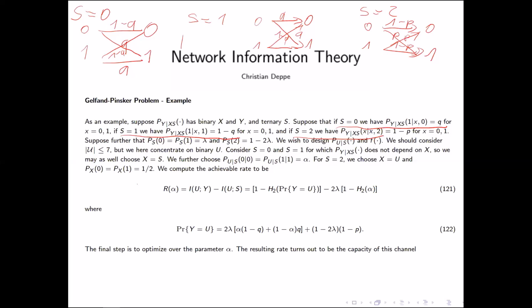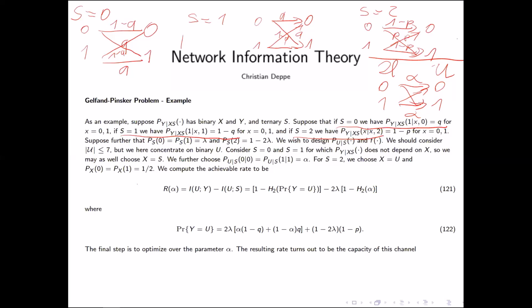That means we consider a channel from x to u in the following sense. Again, we need such a channel, so it goes this time from x to u. We have 0 and 1, and 0 and 1. And now we choose a probability alpha that 0 goes to 0, and 1 minus alpha that 1 goes to 0 and 0 goes to 1.